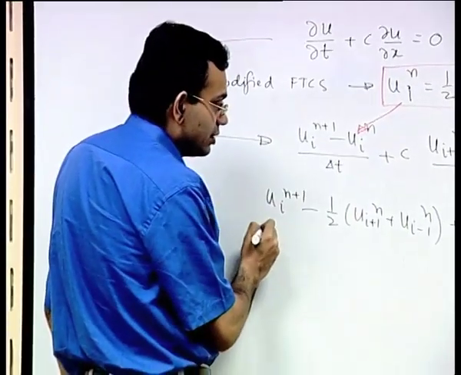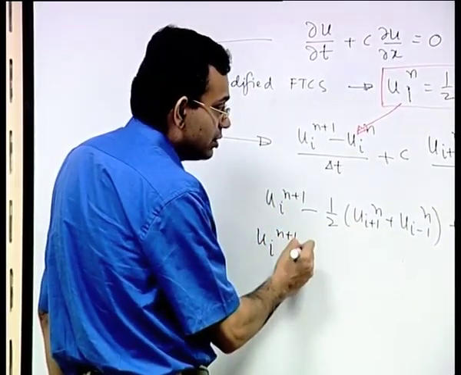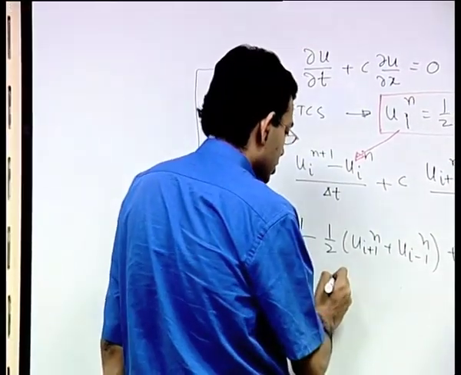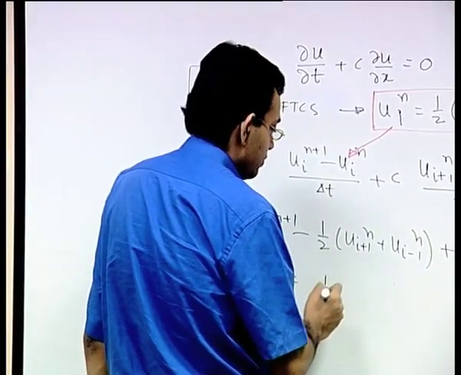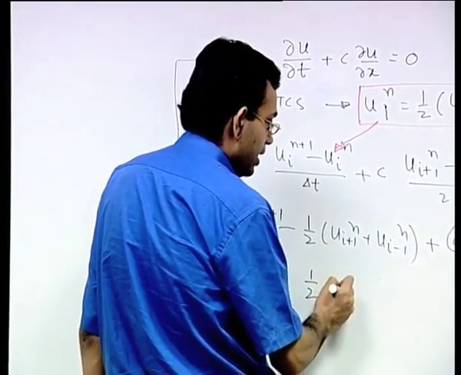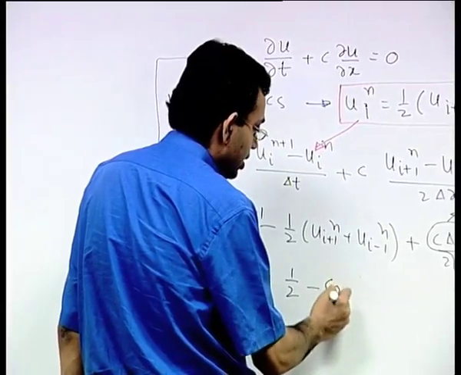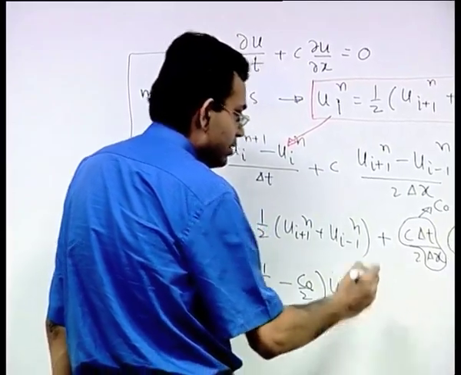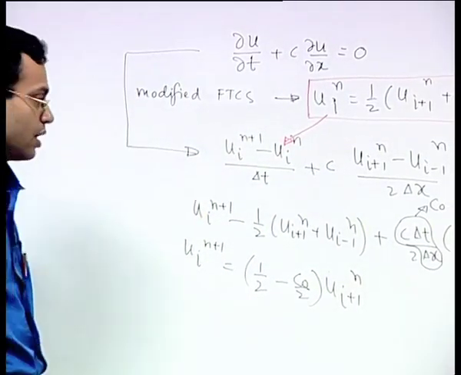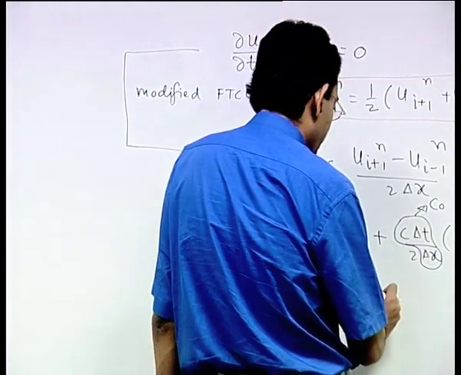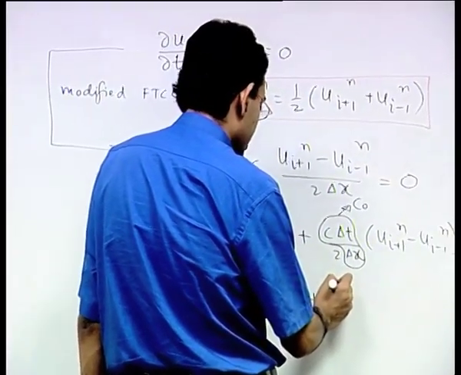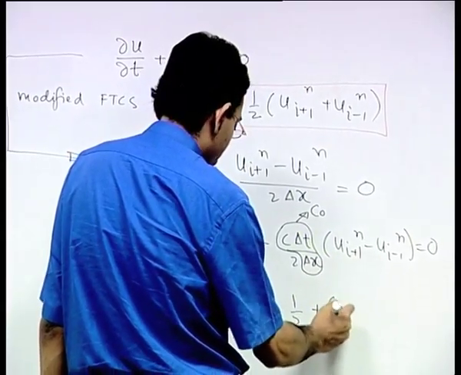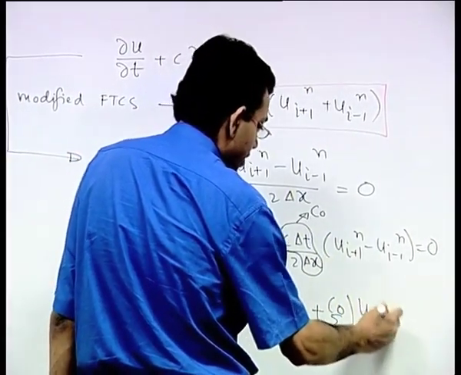So, you can write u_i^{n+1} is equal to (half minus Courant number by 2) into u_{i+1}^n plus (half plus Courant number by 2) u_{i-1}^n.